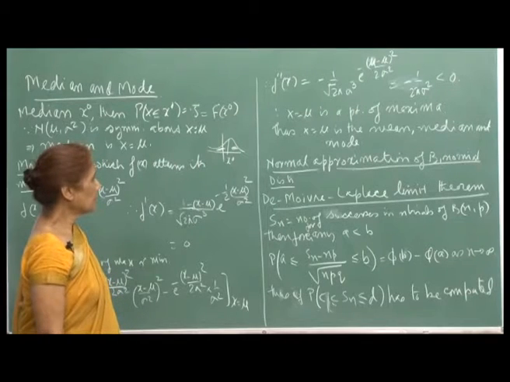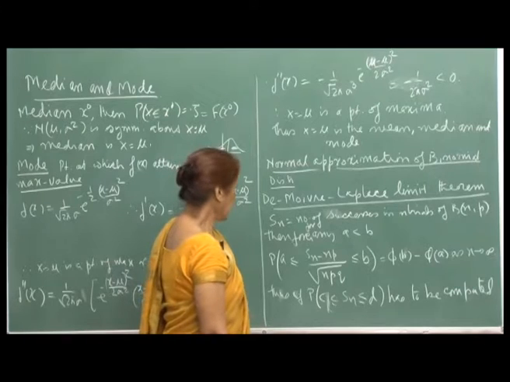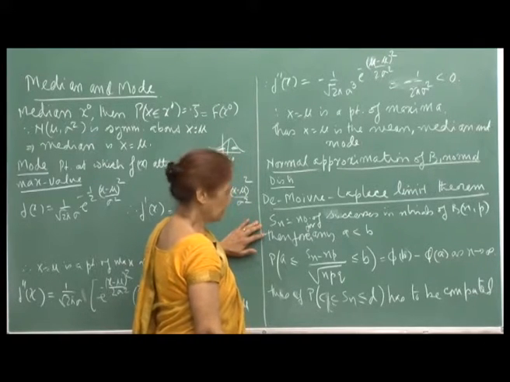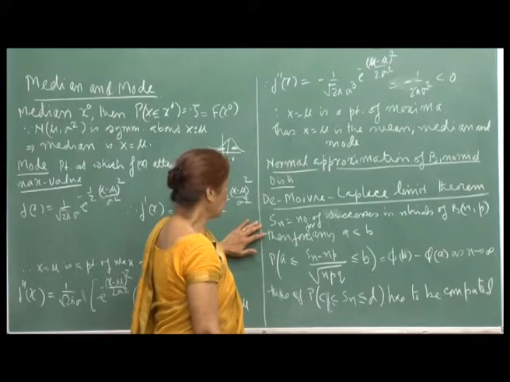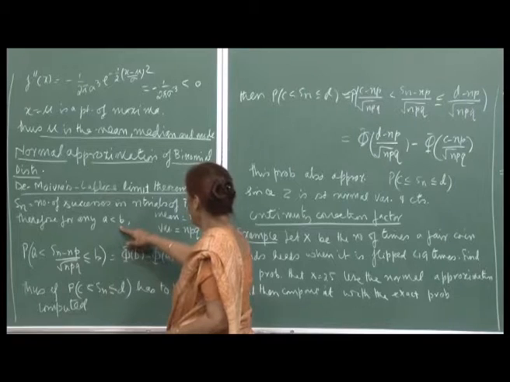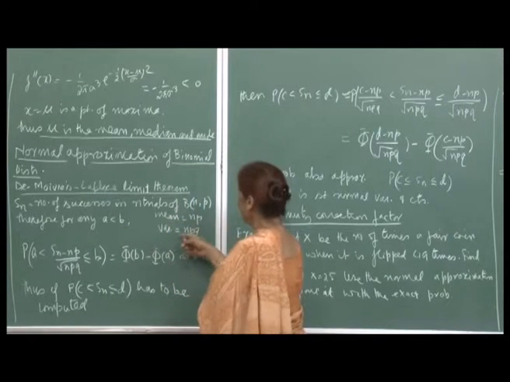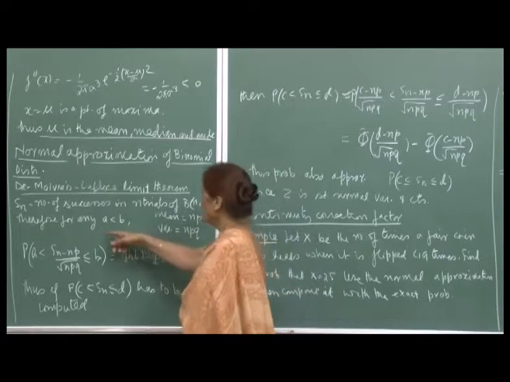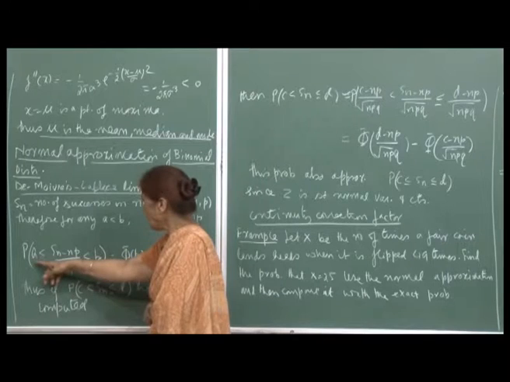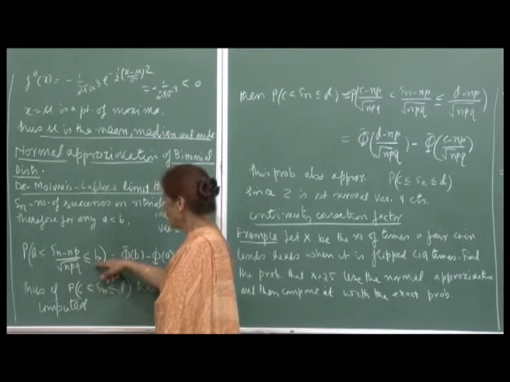This is the de Moivre Laplace limit theorem, which says that if S n is the number of successes in n trials of a binomial random variable with parameters n comma p, then for any a less than b, and of course for the binomial the mean is n p and the variance is n p q, if you want to look at the probability of a less than (S n minus n p) upon root n p q less than or equal to b.